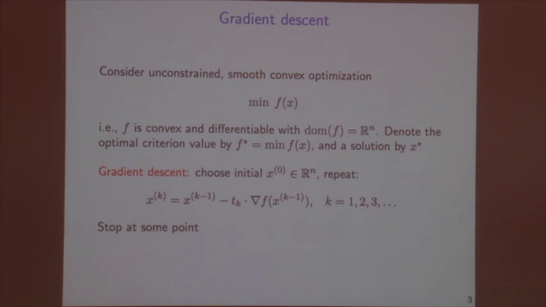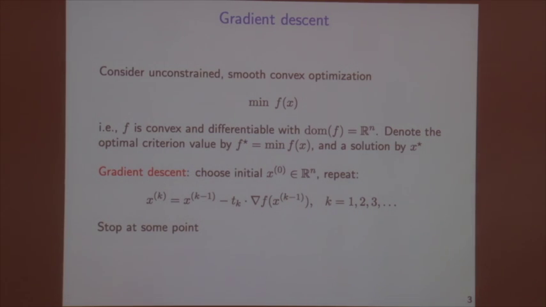In particular, it has to be a smooth convex function, where smooth means you have to have at least the first derivative. So the problem today is minimizing this function f, where f is convex and differentiable, and the domain is going to be the entire n-dimensional Euclidean space. So we're not looking at constraints for today.